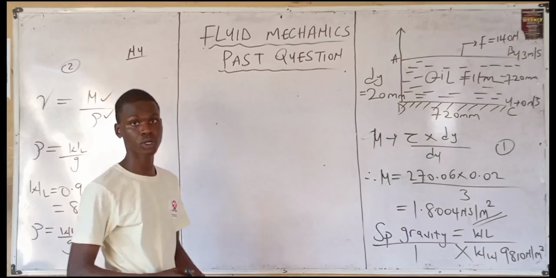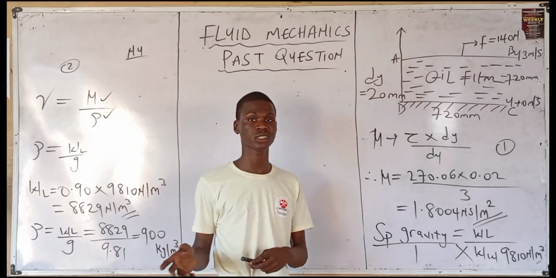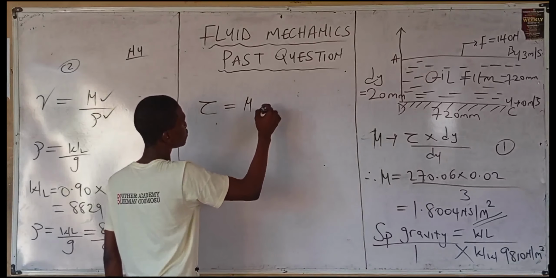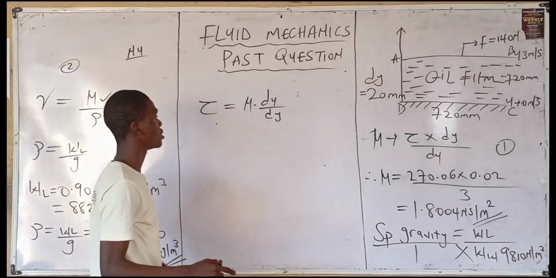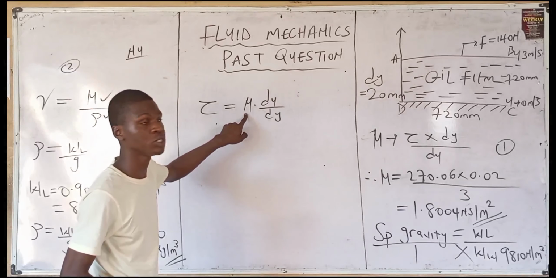Let's see how this unit works. For the first one, dynamic viscosity, we come from Newton's law of viscosity that states that your shearing stress is equal to your dynamic viscosity multiplied by du over dy, meaning velocity gradient, right? Now, make your dynamic viscosity the subject of the formula.